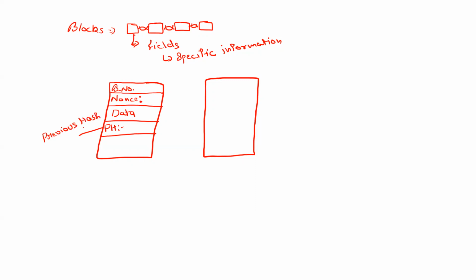Just remember, we already know that hash is specifically used to secure our block and our data. So here also we are going to use the hash. The next one is my hash value, the actual value for this block number 1.